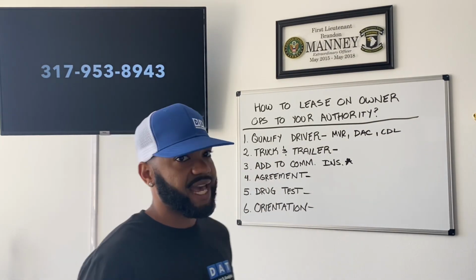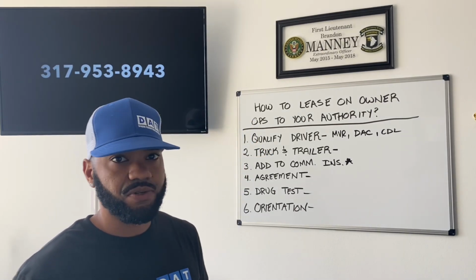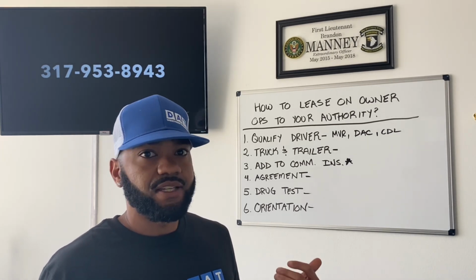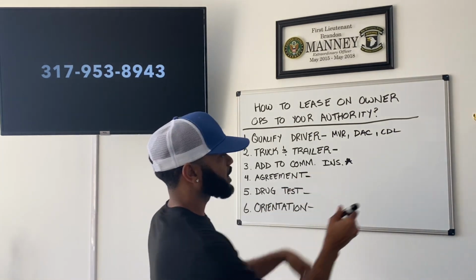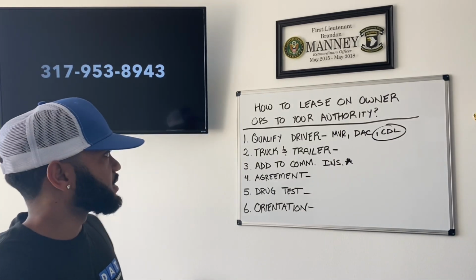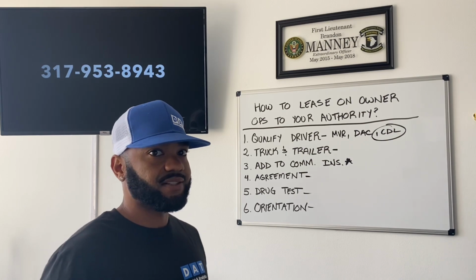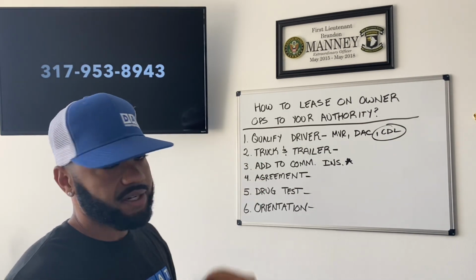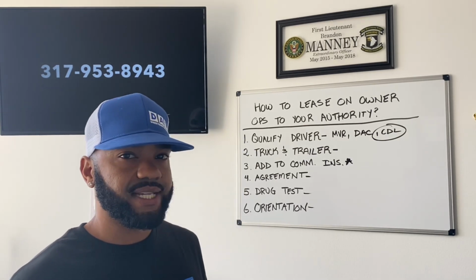Now we're talking about adding a driver, truck, and trailer to your commercial insurance. Call your commercial insurance company and say, give me a quote on adding a truck, trailer, and driver. You should already have a photocopy of their CDL license from step number 1. They're going to ask for the CDL license number, give that to them, and they're going to check the MVR to see if the driver has any accidents, tickets, or anything crazy.